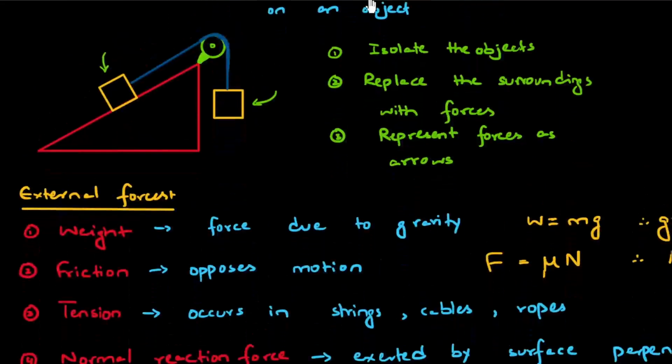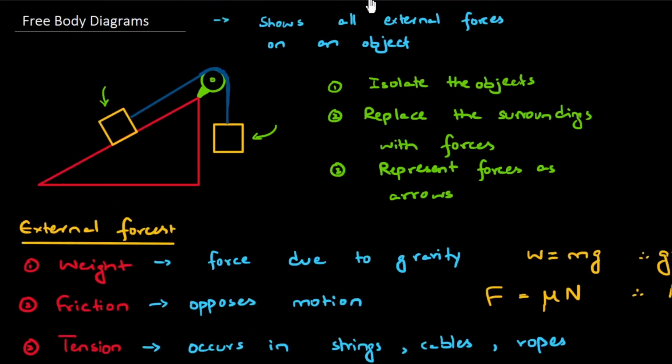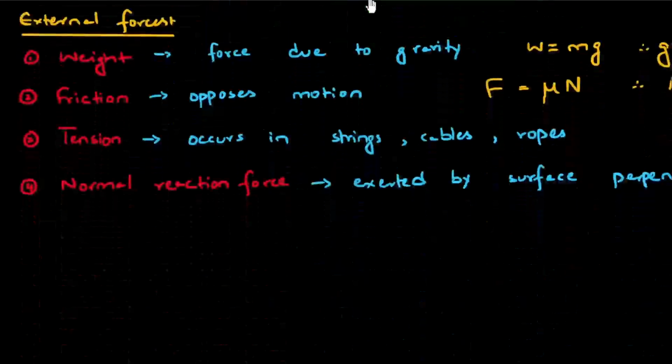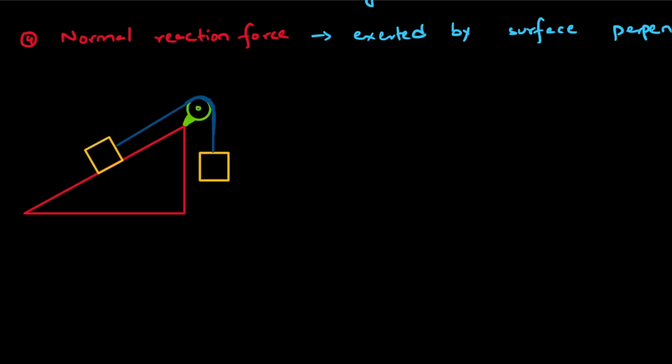Now let's take a look at how we can apply what we learned so far to a situation like the one we have here, to draw a free body diagram. Let's imagine that this situation has an inclined surface of 30 degrees, and that both of these boxes, the one hanging freely and the one on the incline, weigh 10 kilograms.